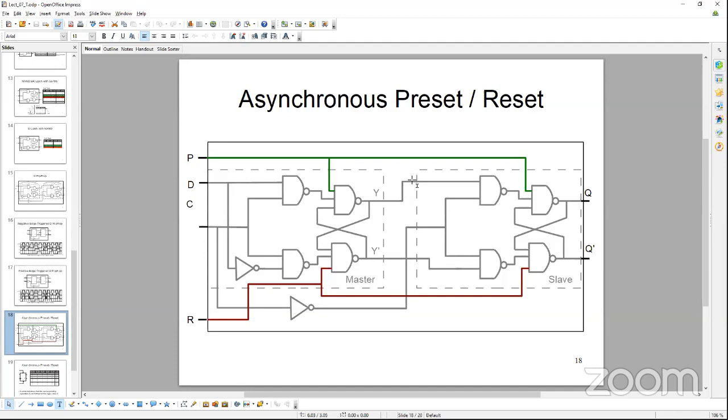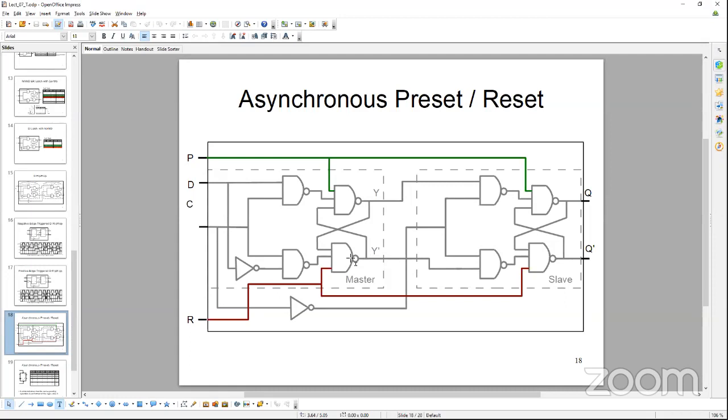And we can do a similar thing for resetting these values, where we place R at logic 1 and P at logic 0. In that case, it will set the Y bar terminal to 1, because 0 is the controlling logic of the NAND gate anyway. So if you send a 0 signal to one input of the NAND gate, it doesn't matter what the other input values are.